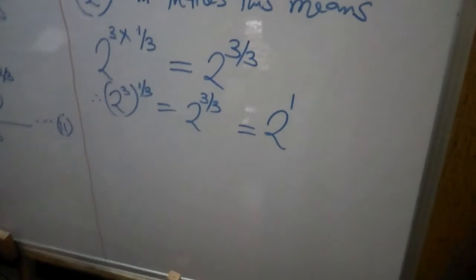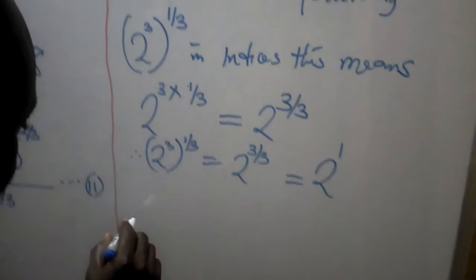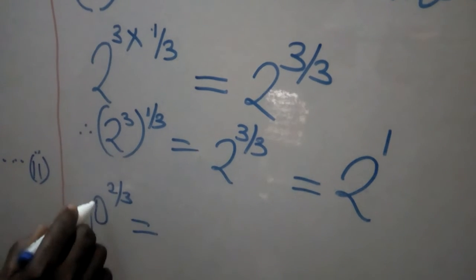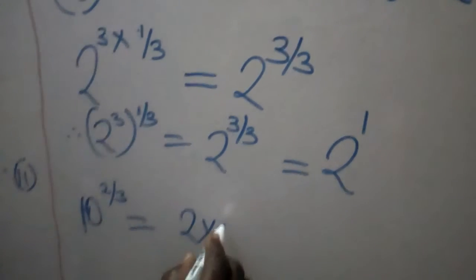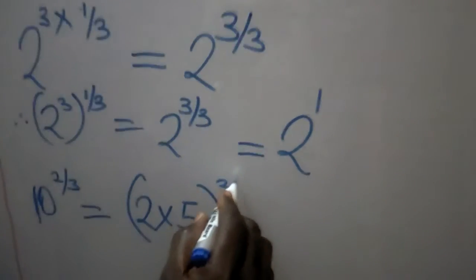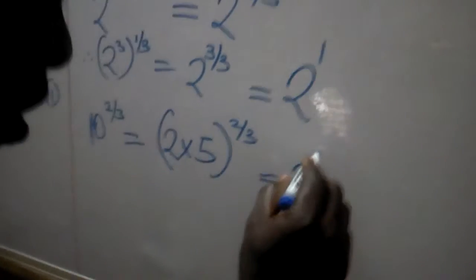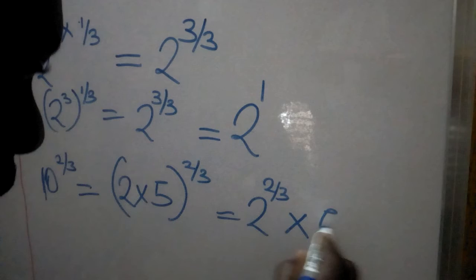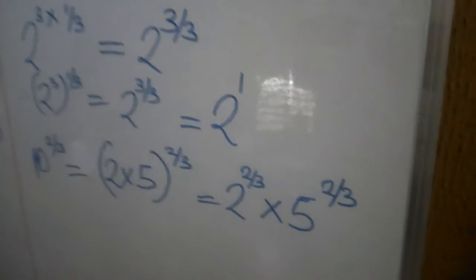Then for the one at the bottom, where you have 10 raised to the power of 2 over 3, for the denominator side, 10 is expressed as 2 times 5 to the power of 2 over 3, which is the same thing as 2 to the power of 2 over 3 times 5 to the power of 2 over 3. This will give you this.